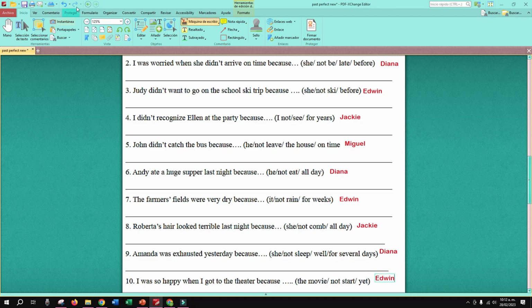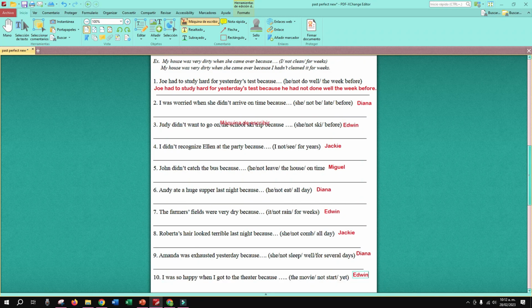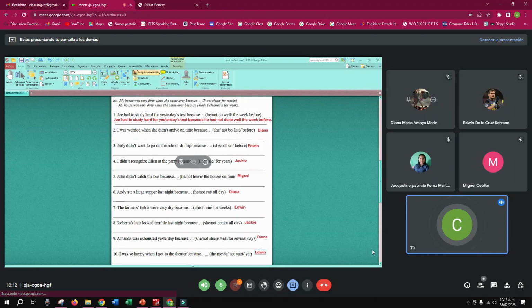Okay, so let me do this. Can you see all of them, right? Yes. Okay, work on those sentences. Remember, you need to use all the words between parentheses to complete the other action. You're going to have around 5 minutes.